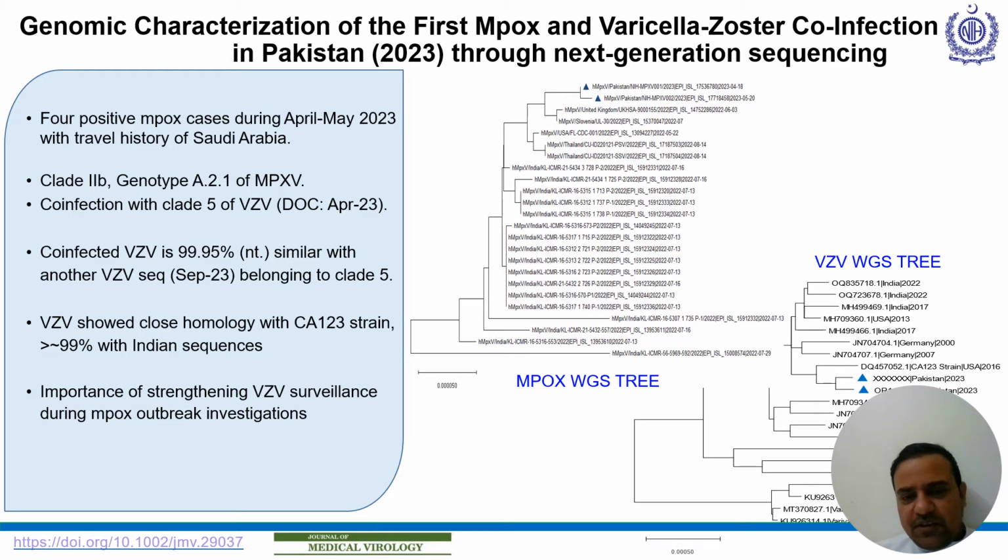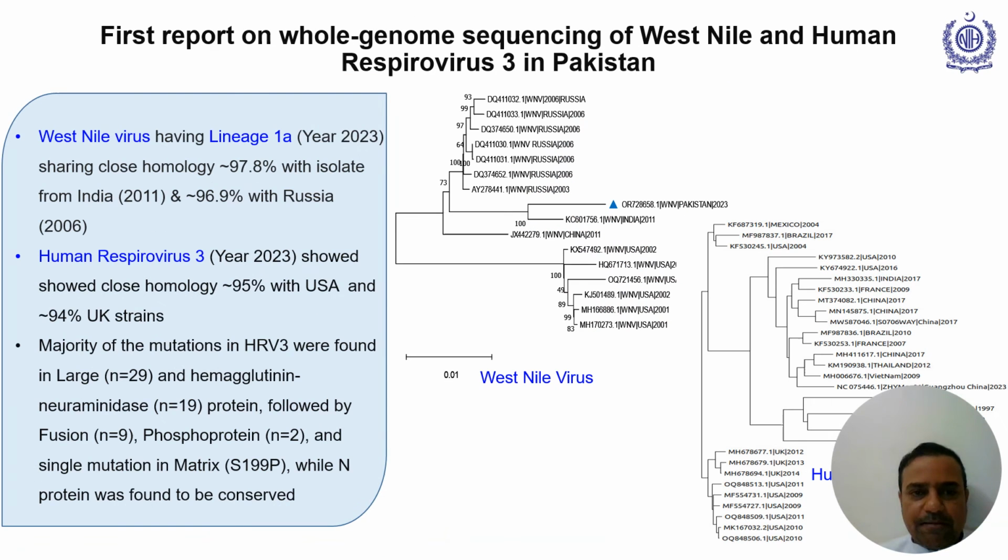So we retrieved the whole genome of VZV, and we found that it belonged to clade 5. So again, using the metagenome approach, you can see that you can determine infection with different pathogens in a sample.